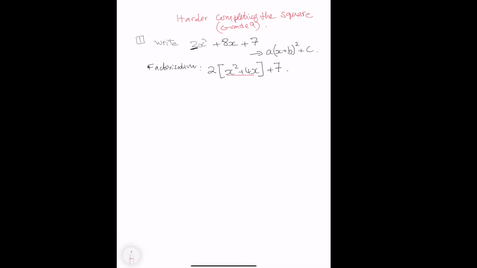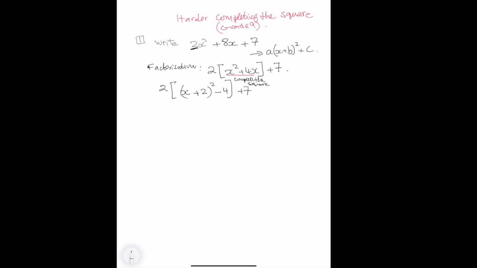This one. So first we will do 2 brackets, then complete the square of this. So it will be x plus 2 squared, minus 2 squared, which is 4, and then plus 7.